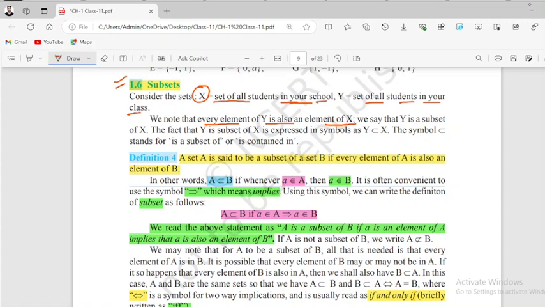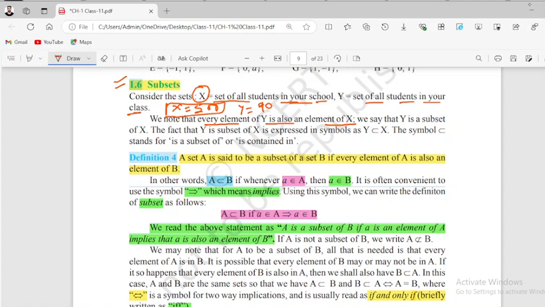Suppose there are 500 students in your school, and this is the total number of students, and Y talks about the class 10th or class 11th. There are 90 students in class 11.